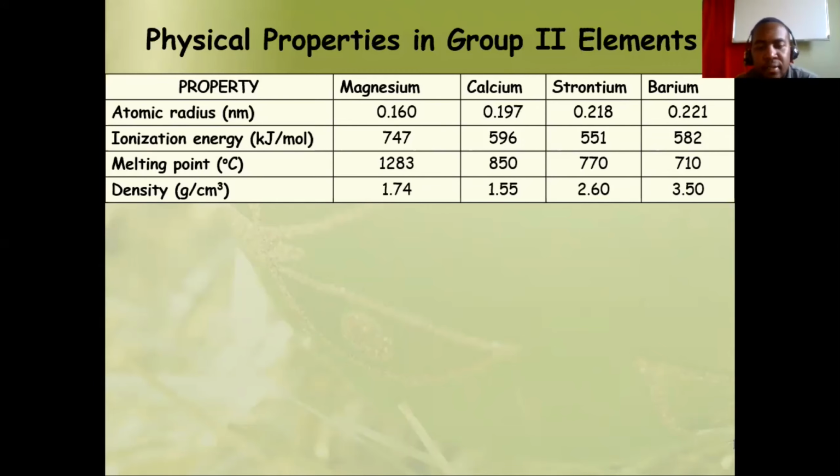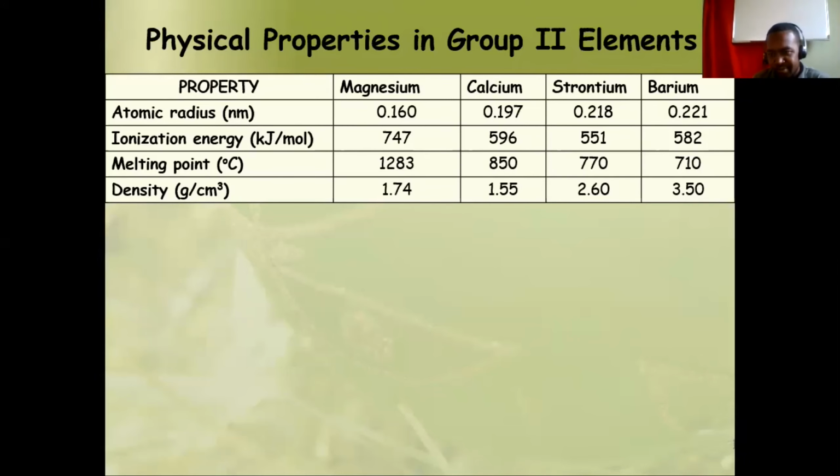Because there will be less energy required for the element to melt. Yes, the electrons will be released easier. Yeah, so because of the atomic radius, the electrons will be released easier, so it takes less energy to melt it.